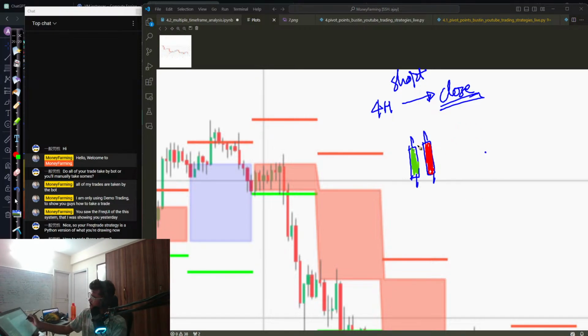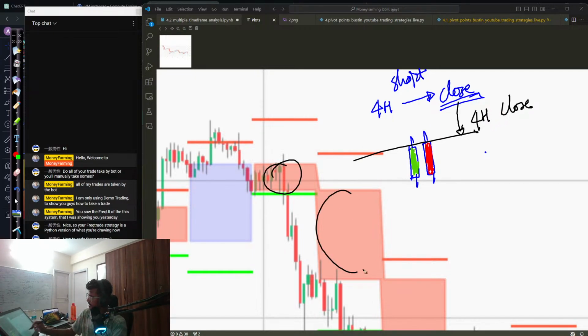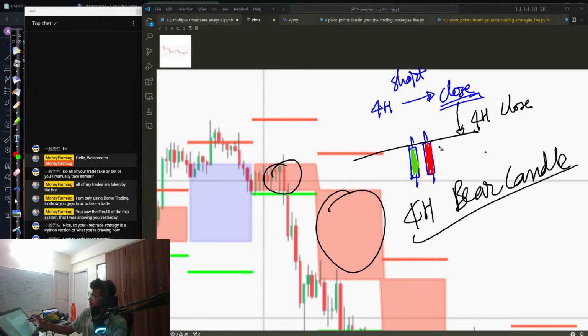And this is where our 4-hour close will be. As we see, this 4-hour candle is already red, a bear candle, so we basically short the market. This is going to be our entry point, EP. Let's go and code it.